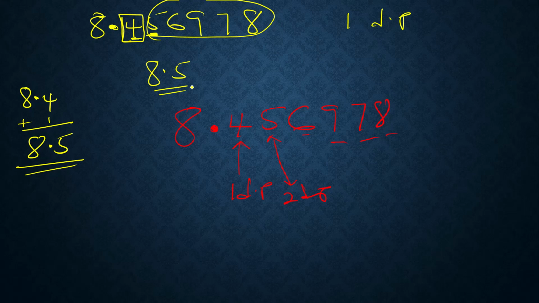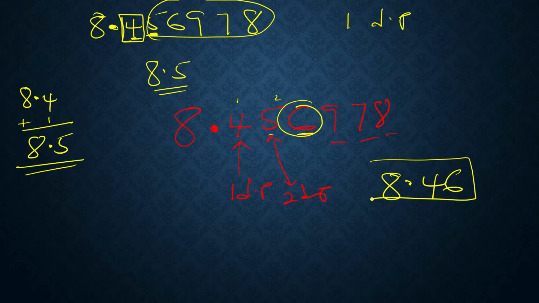Now let's look at 2 decimal places. We have 4, 5, and the next number is 6. So we have 8.4, and since the next number is 6, we add 1 to the 5, making 6. So in 2 decimal places we have 8.46.